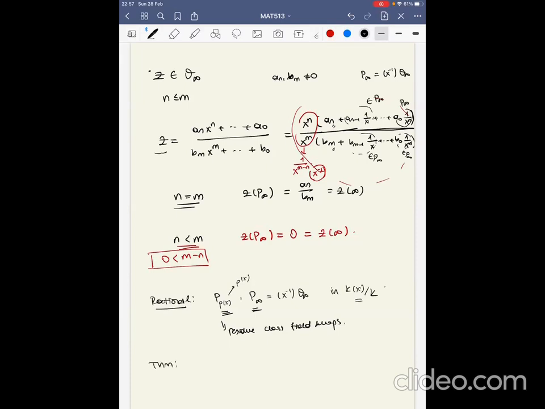In the next lecture, we will investigate an answer, and we will see that these are the only places in the rational function field Q(x).